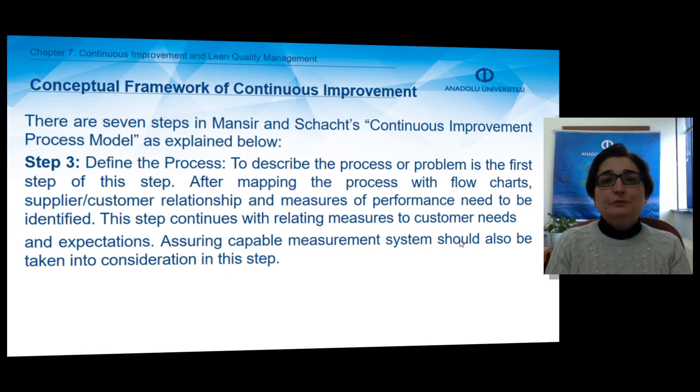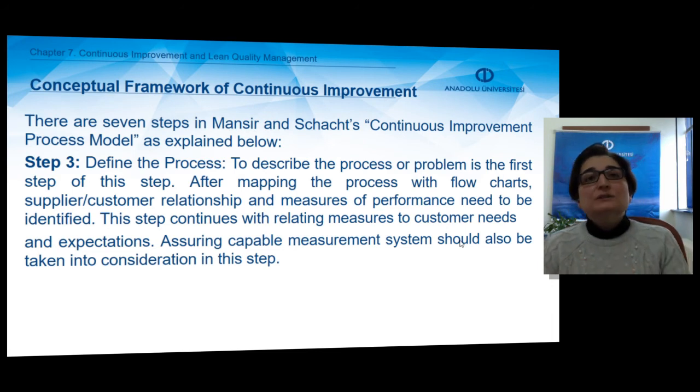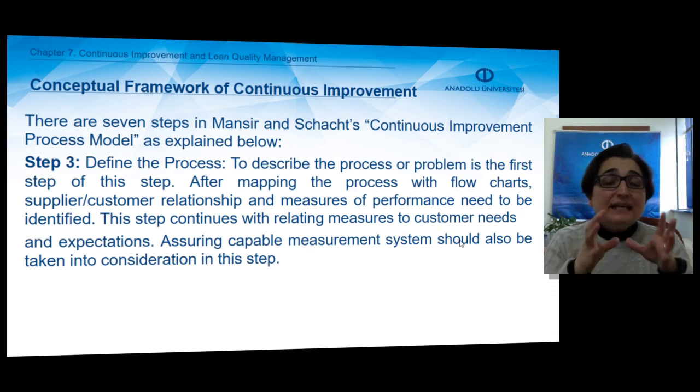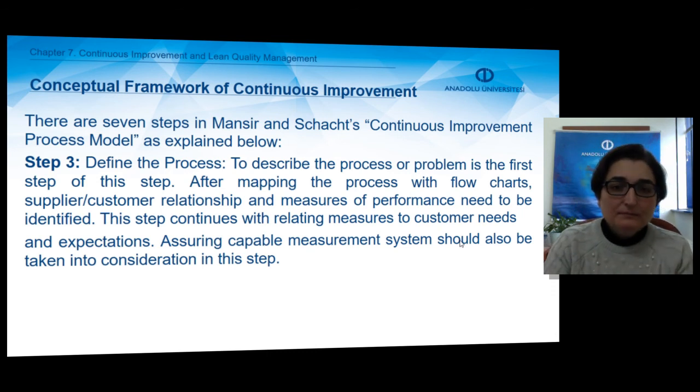After mapping the process with a flow chart, supplier and customer relationships, and measures of performance need to be identified. This step continues with relating measures to customer needs and their expectations.